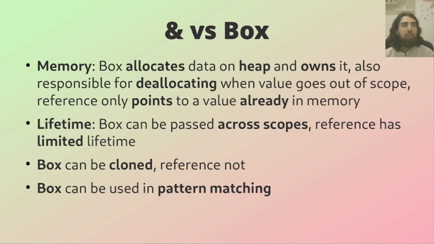It's also responsible for deallocating when the value goes out of scope, and the reference only points to a value that is already in memory, meaning the reference points to something that is already there, while a Box allocates, and the reference also doesn't own anything, it just points to something.